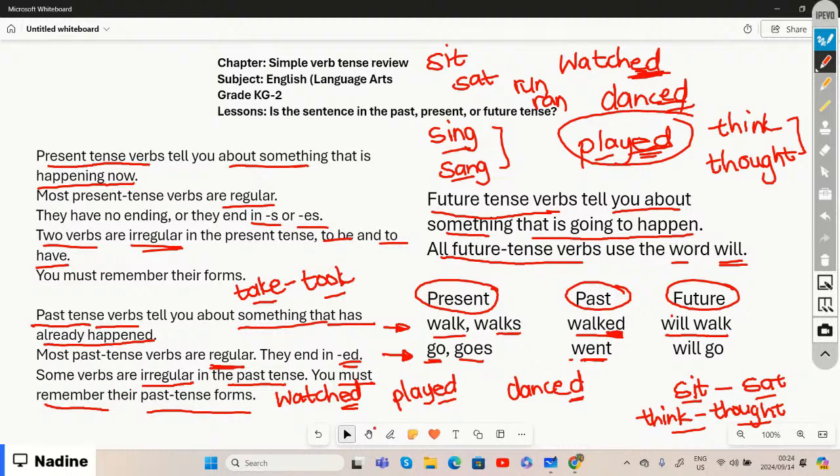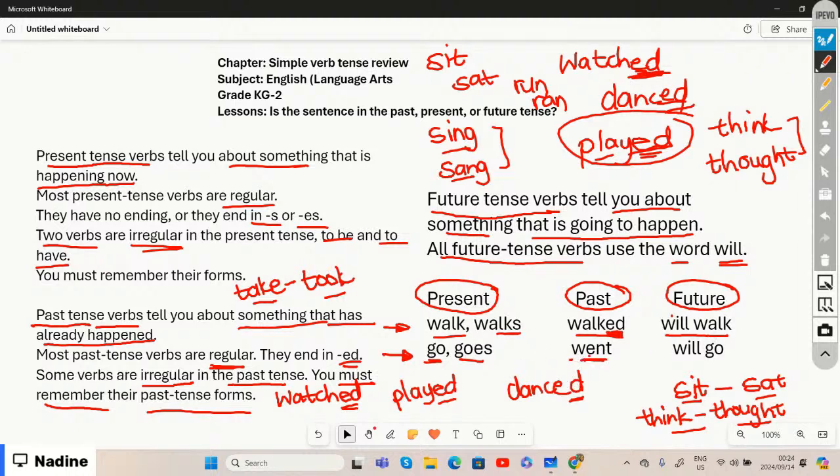So in the past, we say they went or he went or she went because this is an irregular past tense. We did not follow any rule. As you can see, look at how the wording changes from go in the present to went in the past.